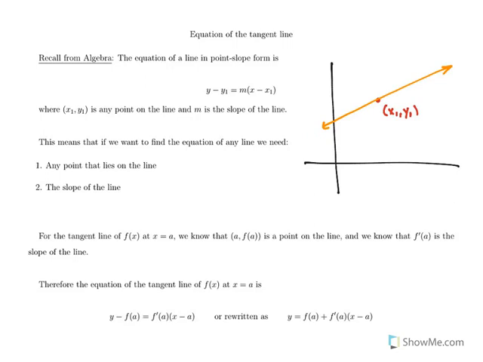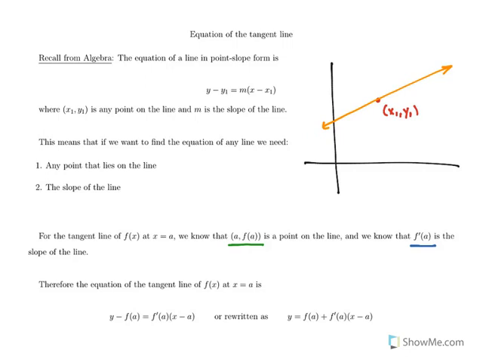So for the tangent line, we need a point that lies on the line, and we need the slope of the line, and we have both of those pieces of information. We know that the point a, f of a, is going to be a point on the line that has to match the function at that point. And then the big thing in this whole section is that the derivative at a is the slope of the line.